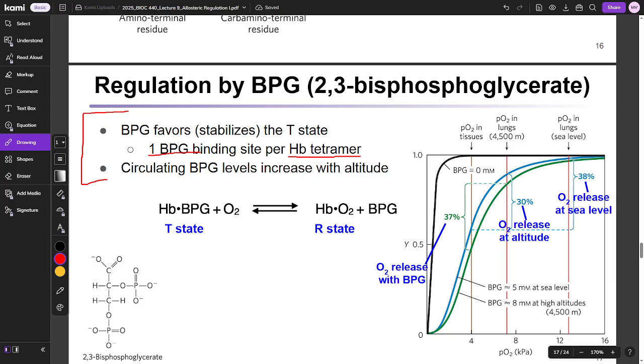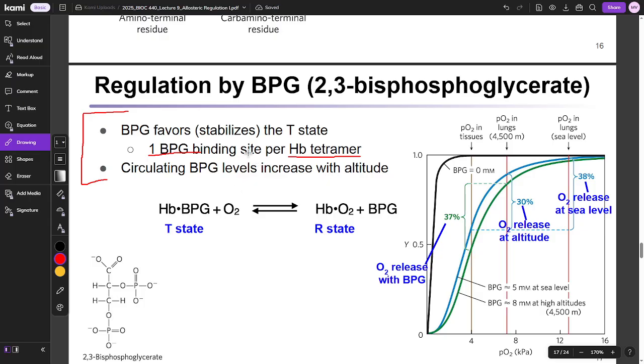Let me actually double check something. I want to make sure, because that seems a bit odd. Yeah, there's one binding site. Okay, I just wanted to make sure, because this is worded a bit weird.